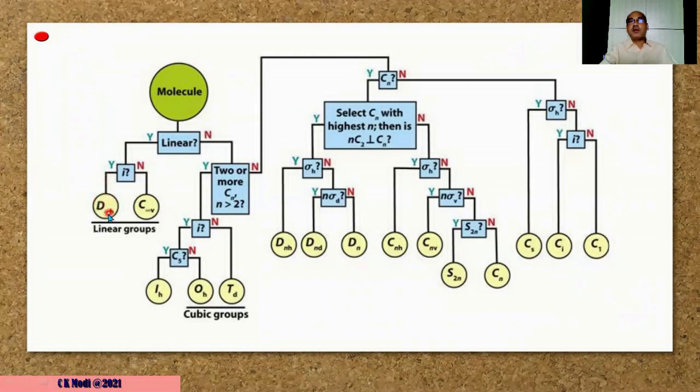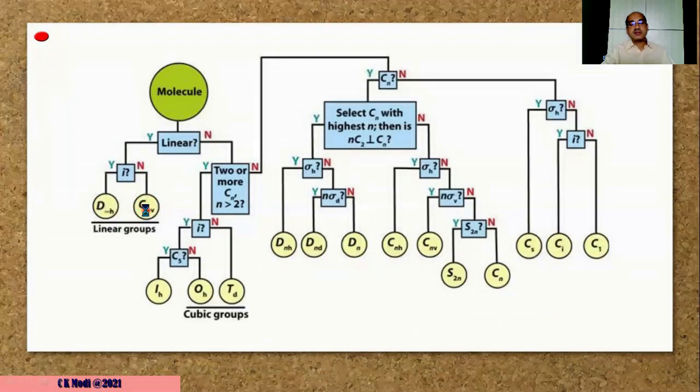The point group is D infinite h. All of you just keep in mind that if the molecule is linear and center of symmetry I is present, then the point group is D infinite h. If the molecule is linear but center of symmetry I is absent, then the point group is C infinite v.